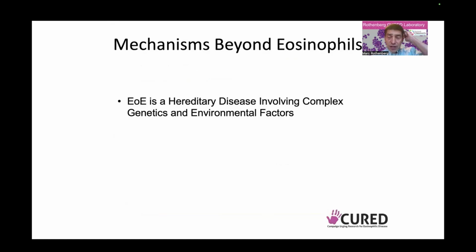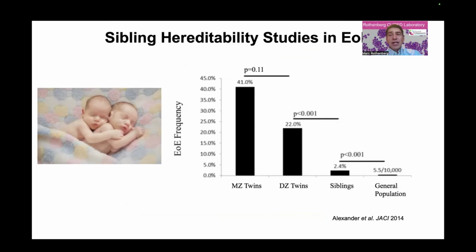Now, we do know that eosinophils are not the primary driver of the disease. So we are looking for mechanisms beyond eosinophils. We now understand that EoE is a hereditary disease involving complex genetic and environmental factors, and this was demonstrated in our twin studies. This was an international registry that we set up.